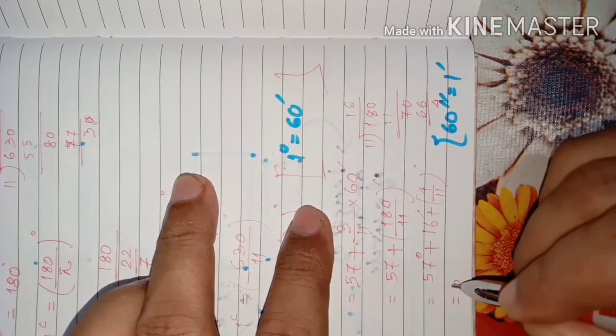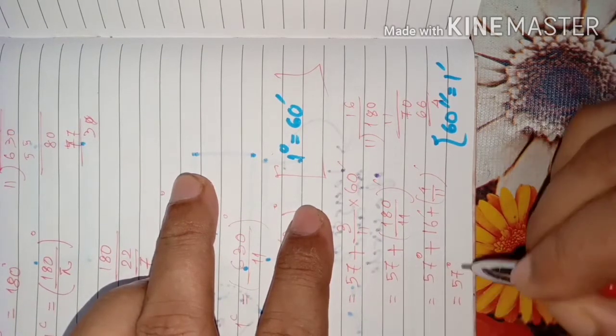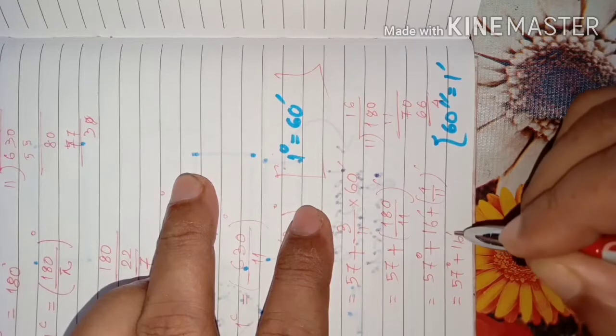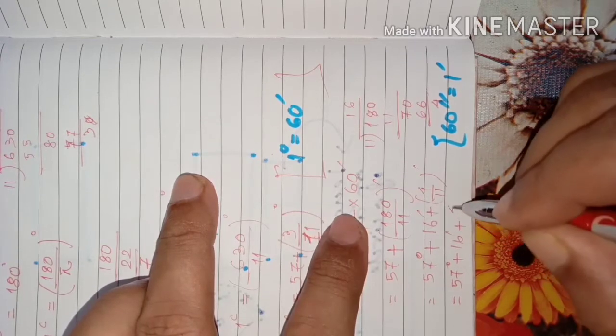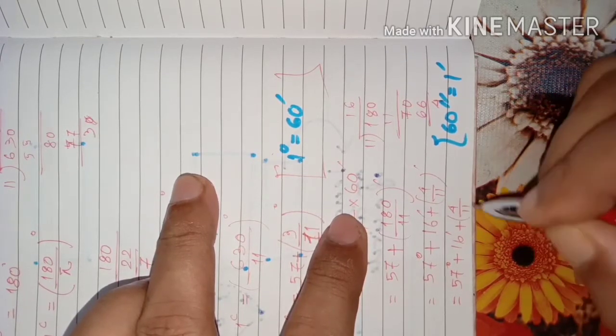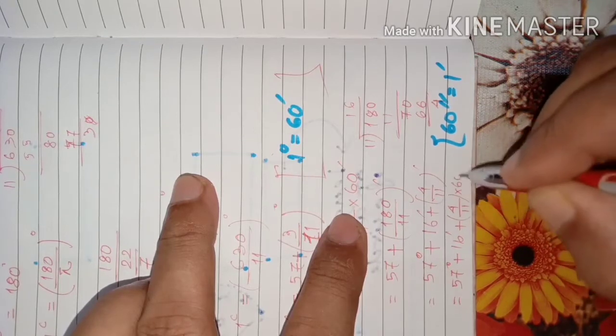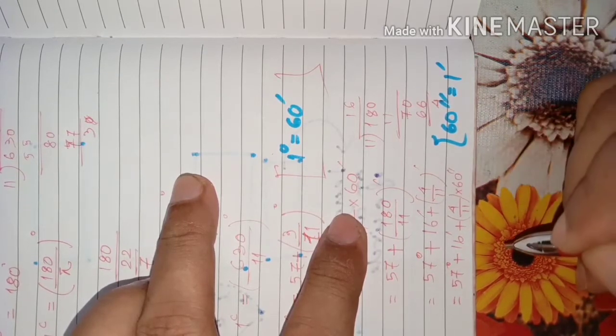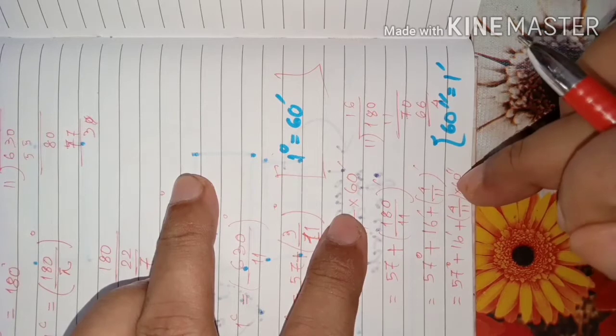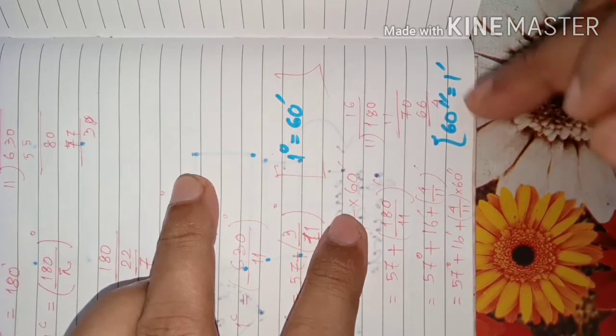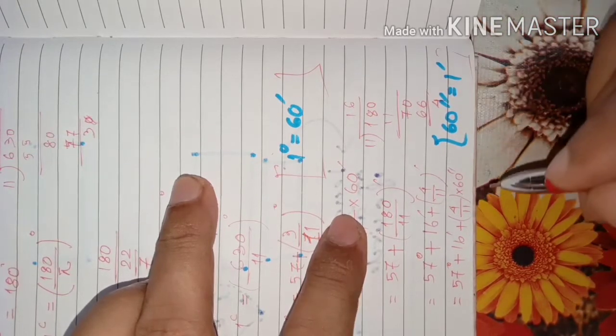So it will be 57 degree plus 16 minute plus 4 by 11 multiplied by 60 seconds. Then it will become seconds, because you are converting minute to second.